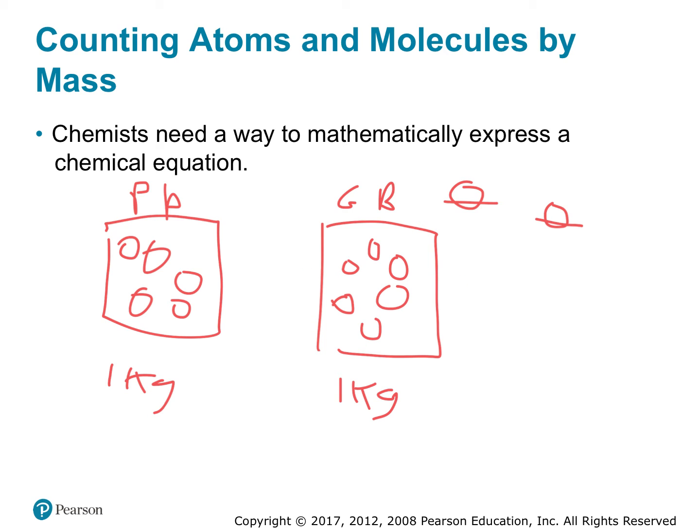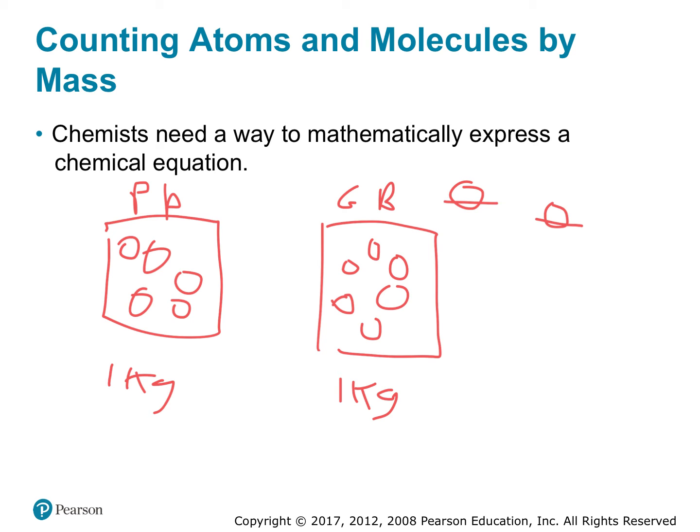And so that's a way of counting what we call relative numbers. And so I know I've got 20 times as many ping pong balls as I do golf balls in that kilogram.